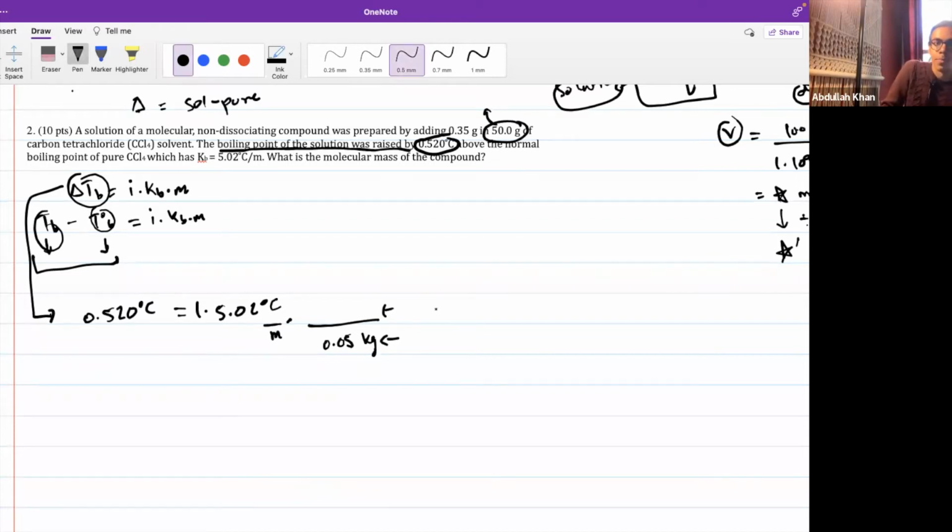And what goes on top? Moles. Do we have moles explicitly in the question? No. So I'm going to expand moles again. Anytime I don't have something explicitly, I'm just going to expand it into what it is. Moles is given mass over molar mass. Given mass here is, okay, so where does 0.35 go? Up or down into this fraction?